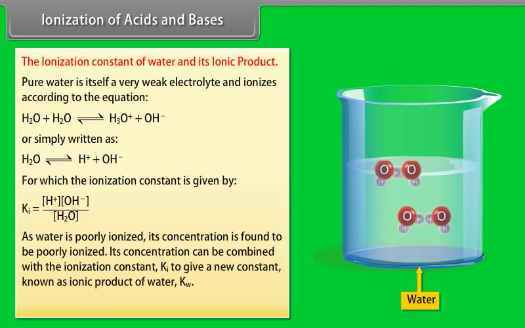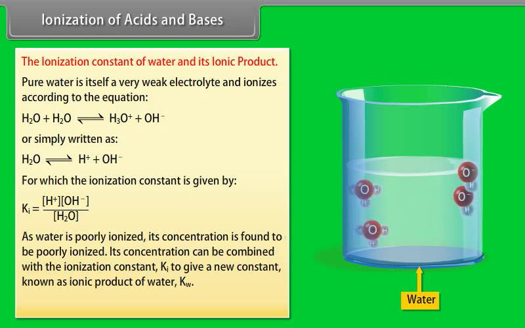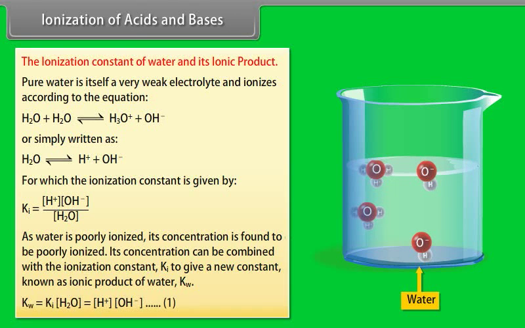As water is poorly ionized, its concentration can be taken as constant. Its concentration can be combined with the ionization constant, Ki, to give a new constant, known as ionic product of water, Kw. Name it as equation 1.